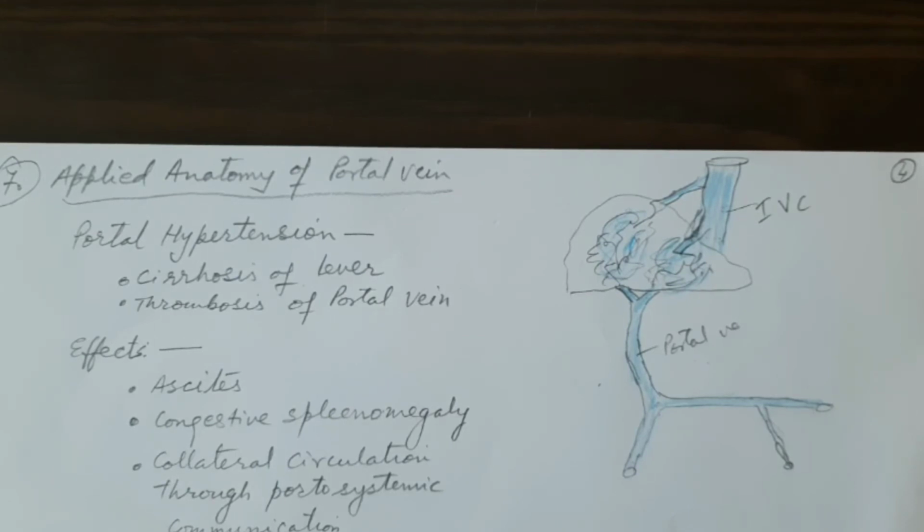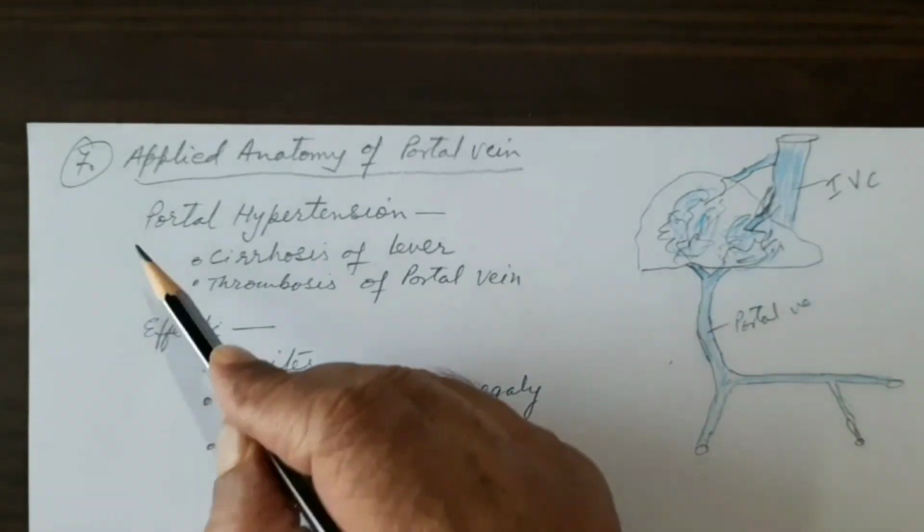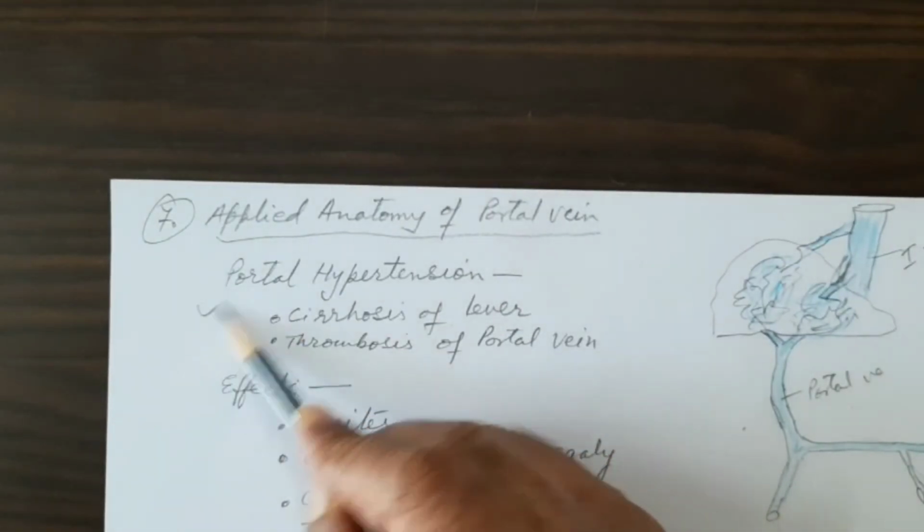But sometimes this venous pressure is raised within the portal vein, more than about 40 millimeter of mercury, that means from 10 to 40, four times more. That condition is called portal hypertension.